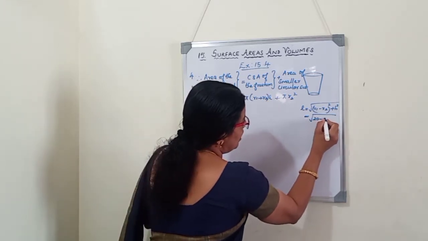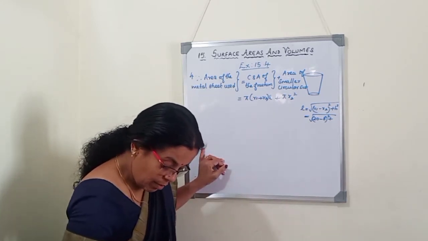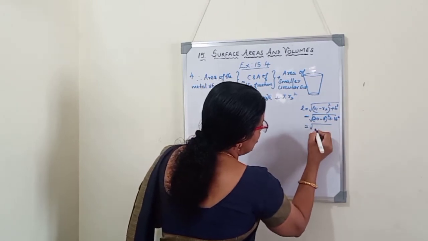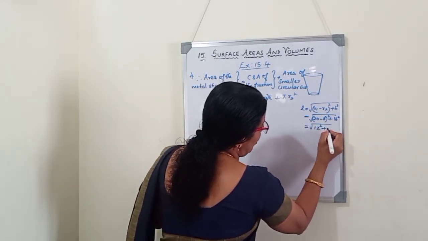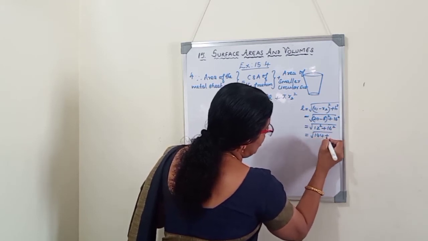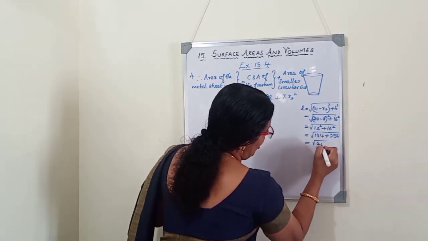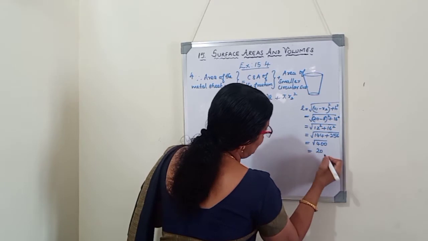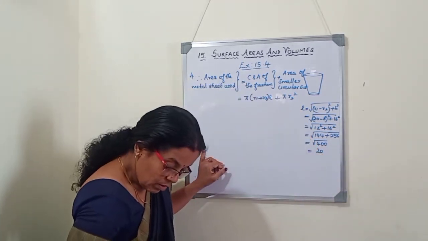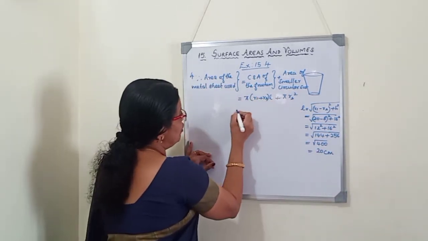So 20 minus 8 the whole square plus height of the frustum 16 square. 20 minus 8 is 12, so 12 square plus 16 square. 12 square is 144 plus 16 square is 256. When you add, you will get 400. So square root of 400 is 20. So the slant height is 20 centimeter.